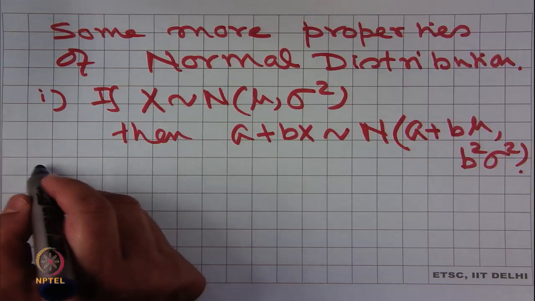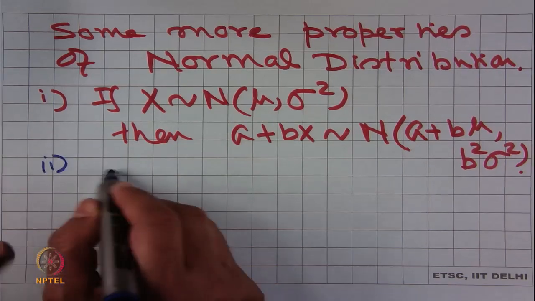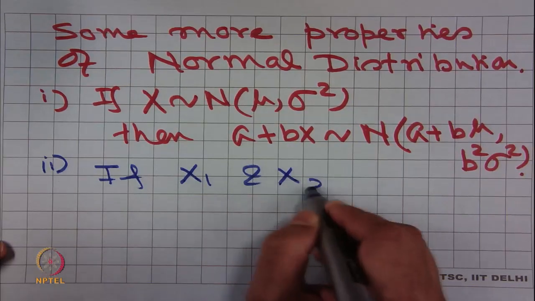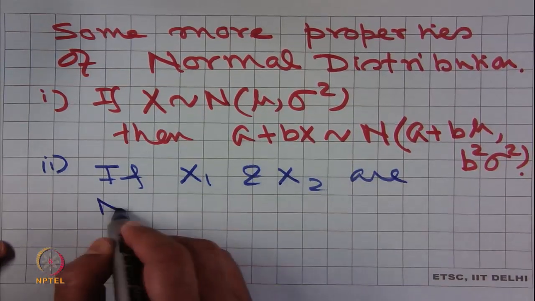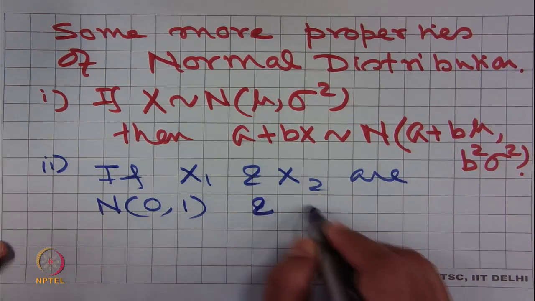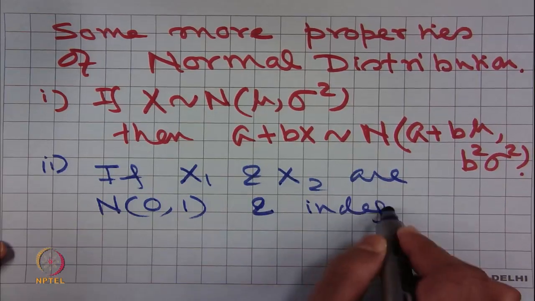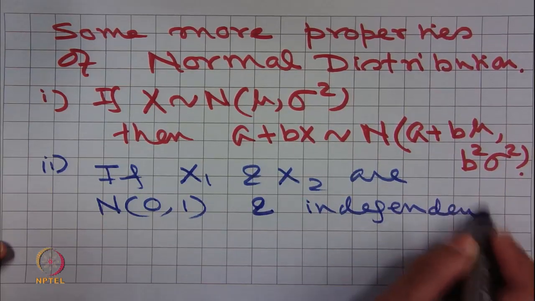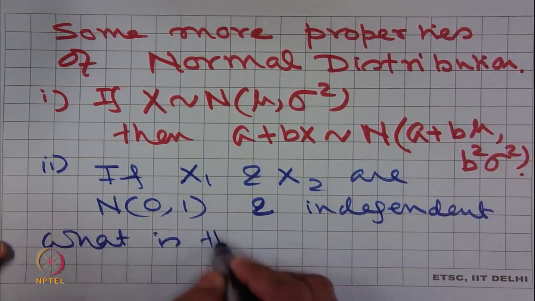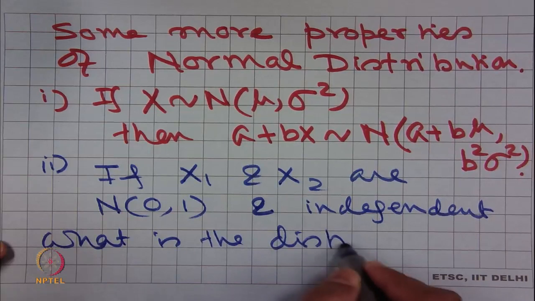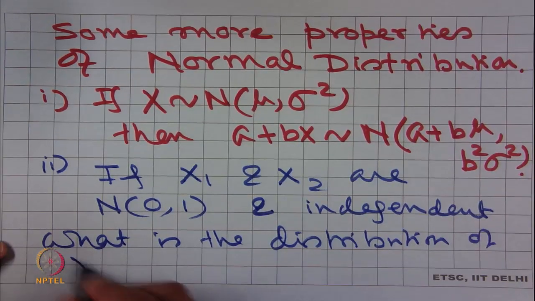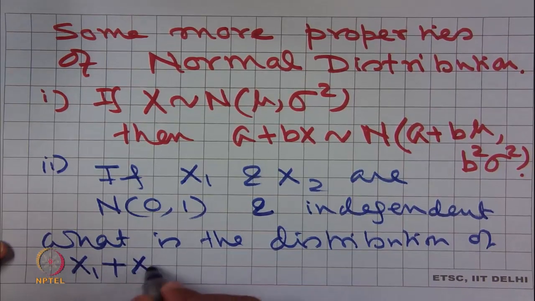Now, let us consider a different problem. If x 1 and x 2 are normal 0 1 and independent, what is the distribution of x 1 plus x 2?